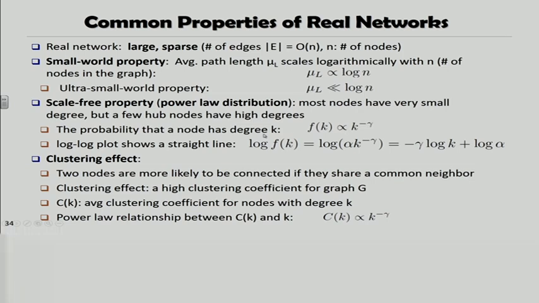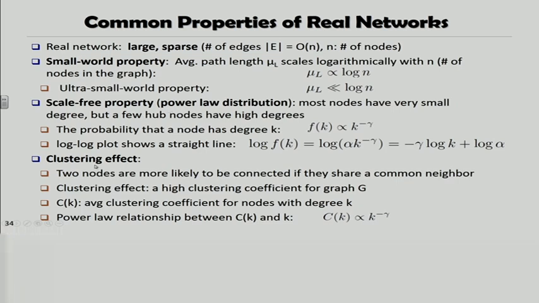The interesting thing is, if you want to check this power law distribution, you just project it on a log-log plot. Then you will find a linear line, or something close to a linear line. Then you can say this is a power law distribution.